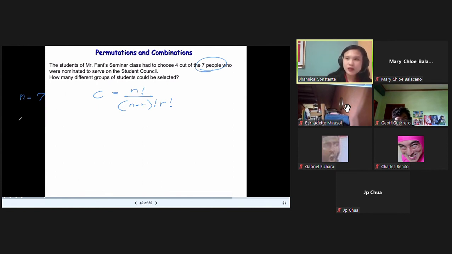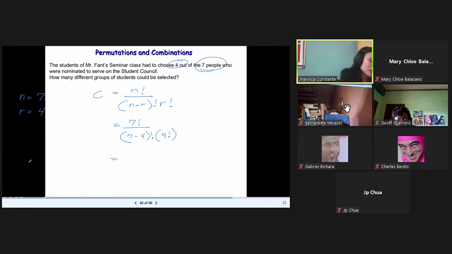That's from our given. And the r is 4. Apat lang ang kukunin natin from the 7 people that we have. So we have n, which is 7 factorial, over 7 minus 4 factorial, multiplied to 4 factorial.